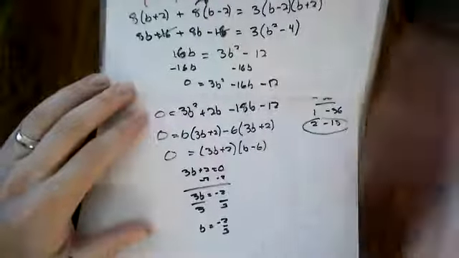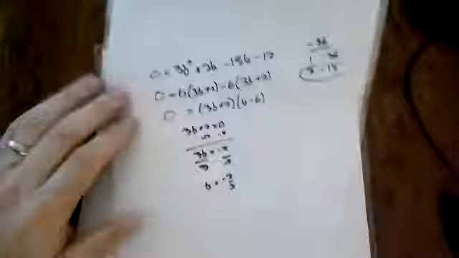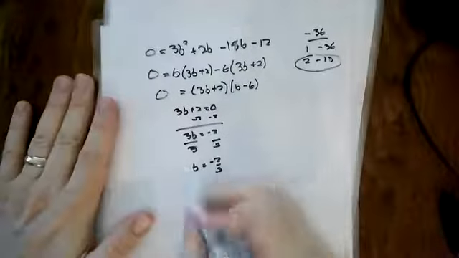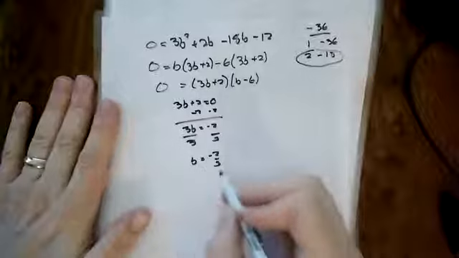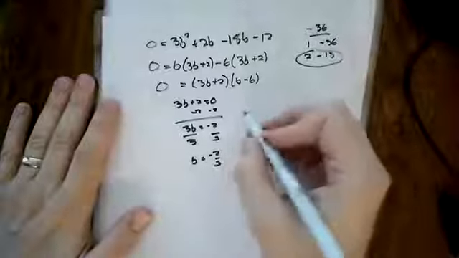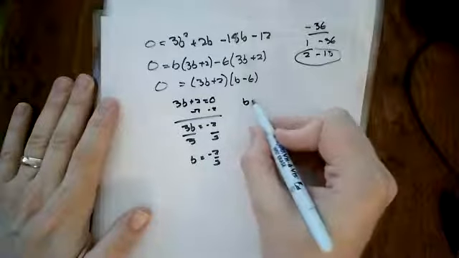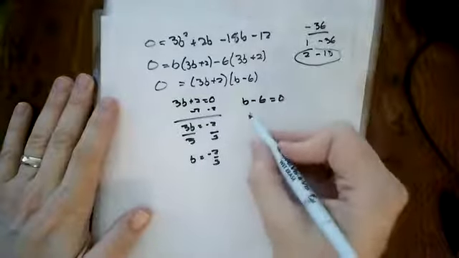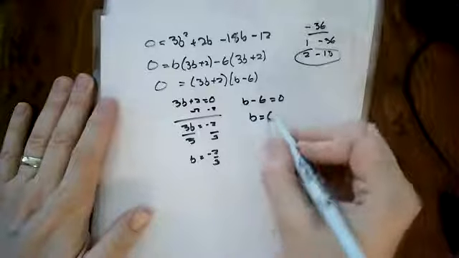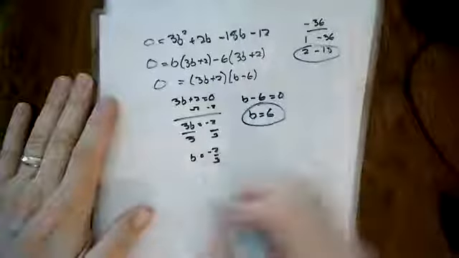And just right off the bat, I'm going to point out that if our speed here is negative, then the boat is traveling backwards. That seems unlikely. Or b minus 6 equals 0. That'll give us a speed of 6. That seems a far more likely thing.